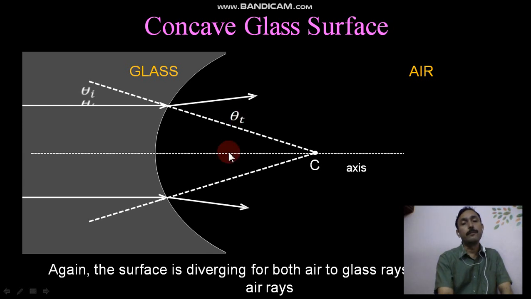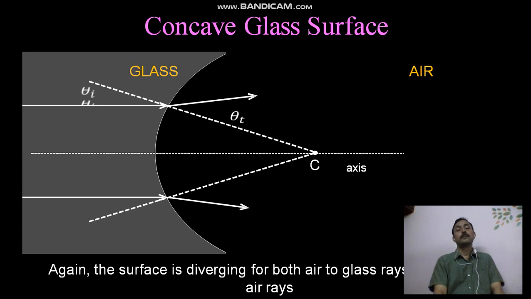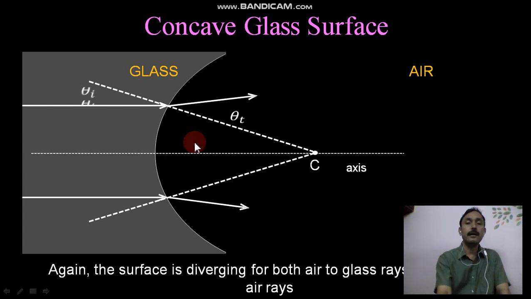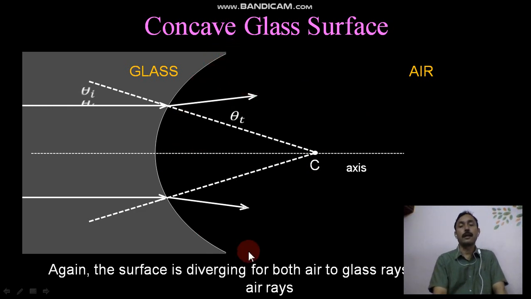So it may be glass to air or air to glass, the concave glass surface will always produce diverging rays of light. That means again the surface is diverging for both air to glass rays and glass to air rays. C is the center of this concave glass surface.